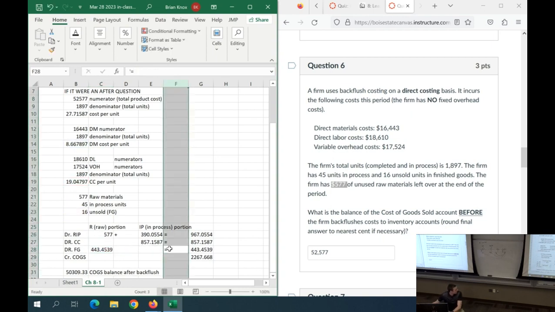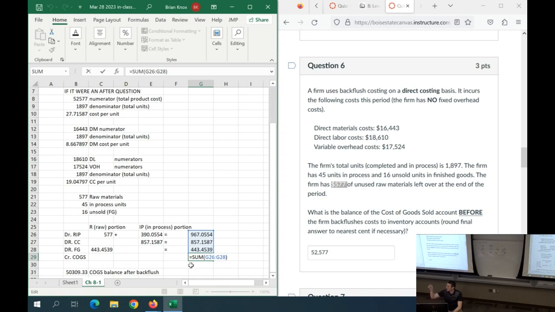I should have a different column for complete portion. So it's not the raw portion for finished goods. It's just the only thing for finished goods. Yeah. Different. Yep. It just has to balance.